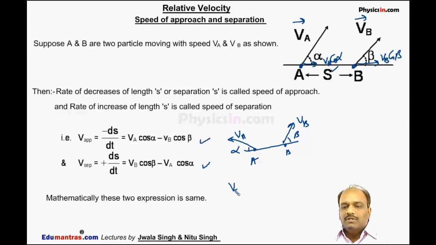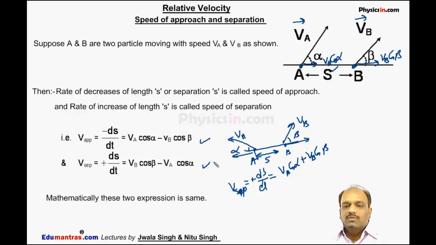In that case, velocity of separation is plus ds by dt, equal to Va cos alpha plus Vb cos beta, because both velocity components along this line are increasing the separation between A and B. So the separation is increasing at a rate of Va cos alpha plus Vb cos beta.